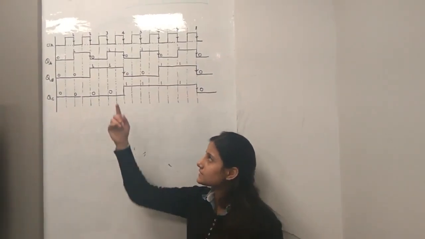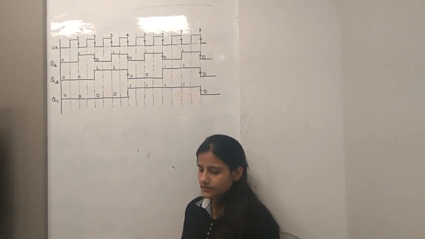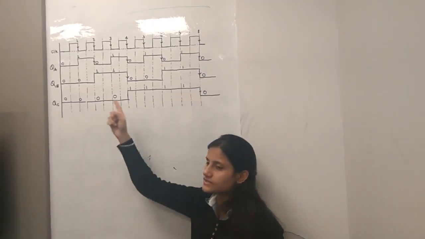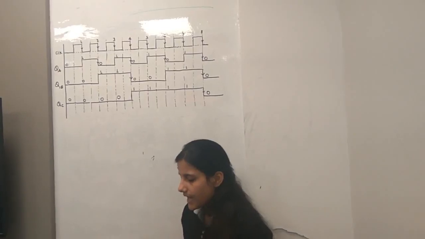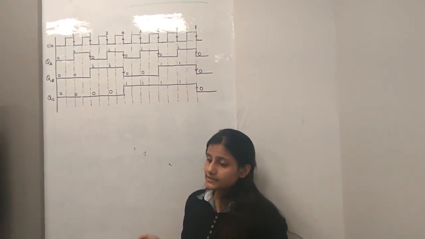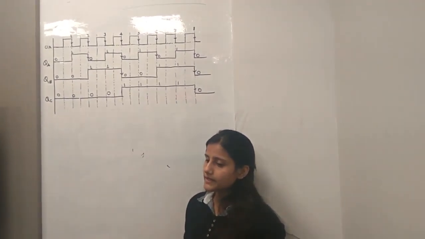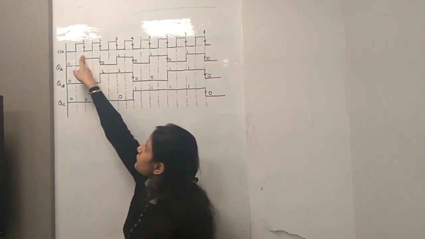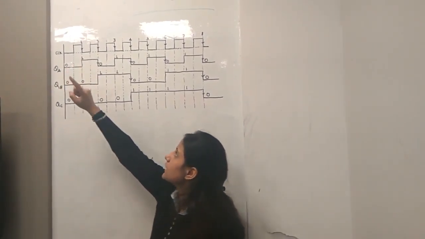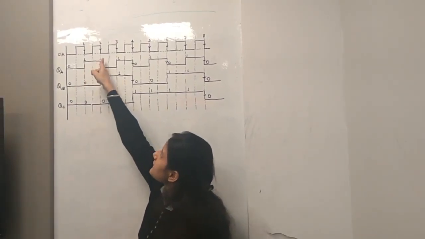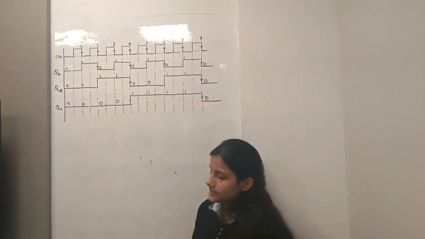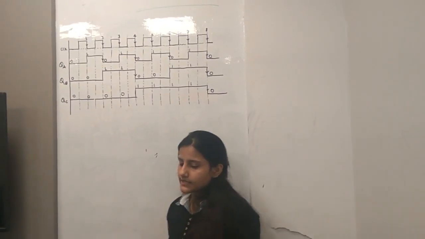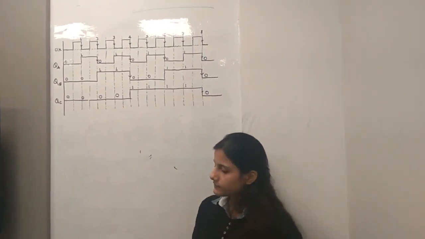The next state is equal to Qn complement. So here this state will be 1 because initially it was 0, and it will remain 1 till the next falling edge.